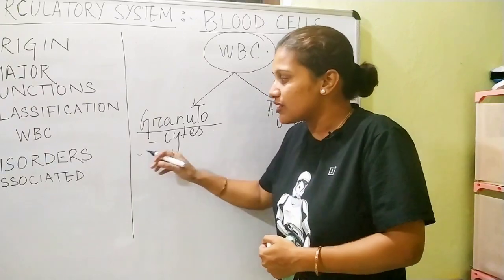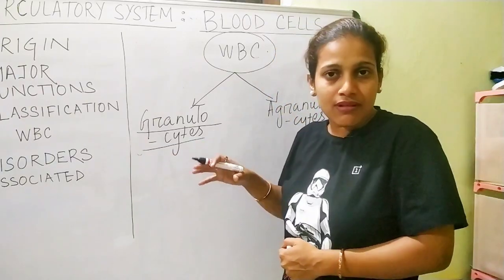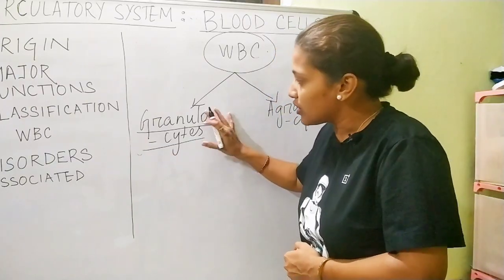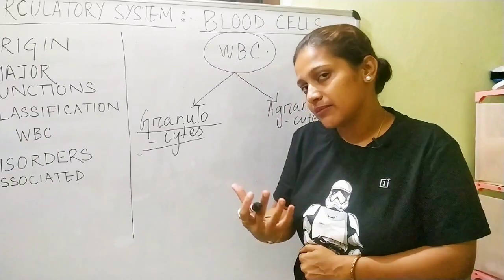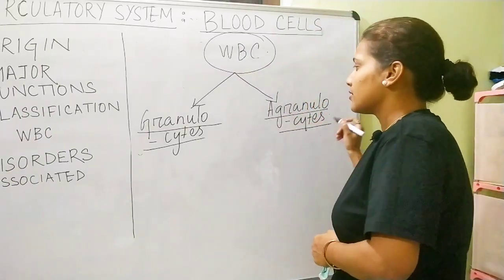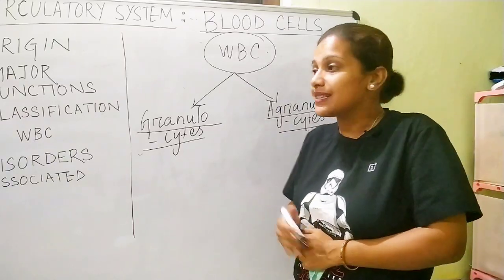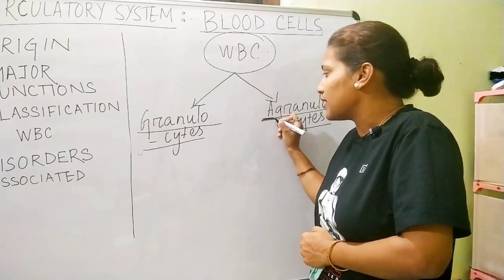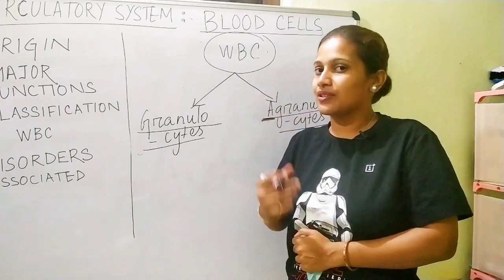So the ones which are filled with granules along with the nucleus, they are called granulocytes. They are clearly visible under the microscope, and the rest, they are called agranulocytes. Means they lack those granules.